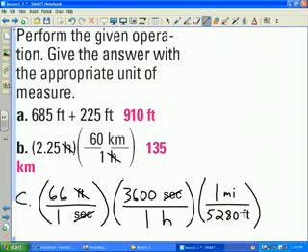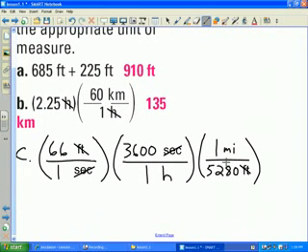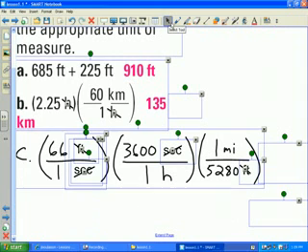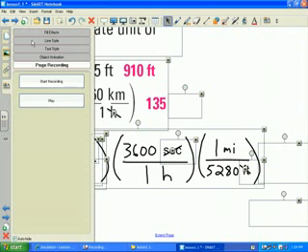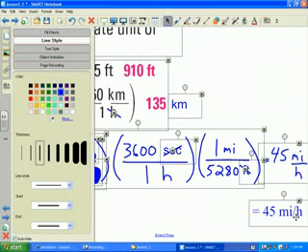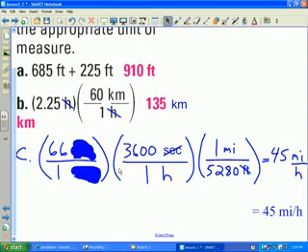Feet in the numerator cancels with feet in the denominator. And my final answer will be in terms of miles per hour. So when I check my final answer, that final answer, 45 miles per hour. 66 times 3600 divided by 5280 is 45, and the units are miles per hour.